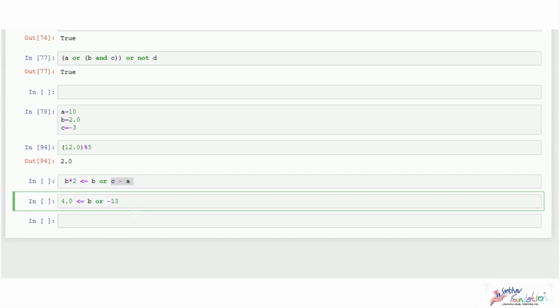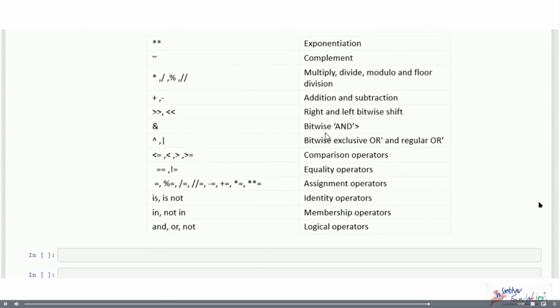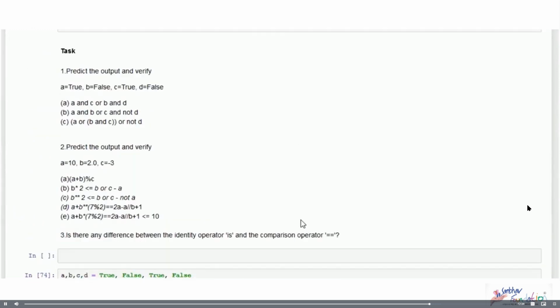Okay, so now we have two: one is comparison, the other is logical. Among comparison and logical, first comparison takes precedence since it is higher than logical operators.